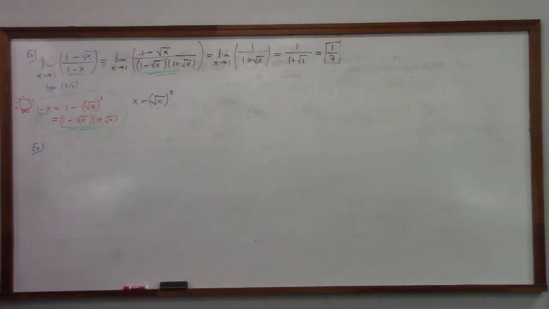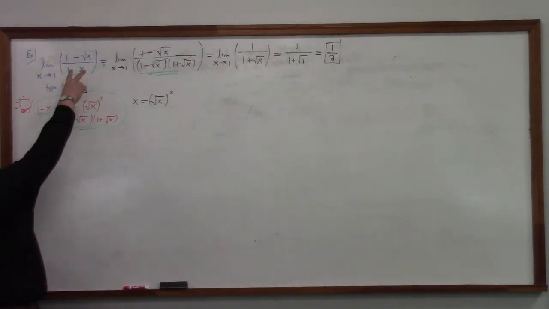Like I said at the start, it's kind of a trick, but I don't get where the square root came from. Oh, why did I do square root? The reason is because there's a square root in the given problem.